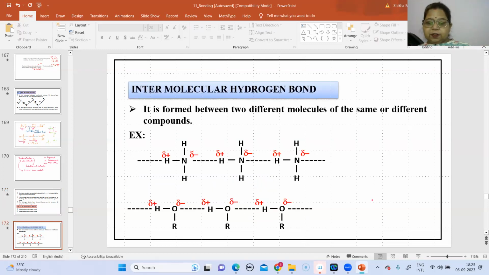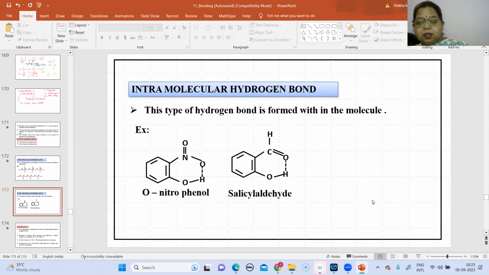We have just covered how hydrogen bonds are formed between two molecules of different compounds. Ammonia, water, this we have already covered. Now coming to intramolecular hydrogen bonding, I'll draw the detailed structure for you.